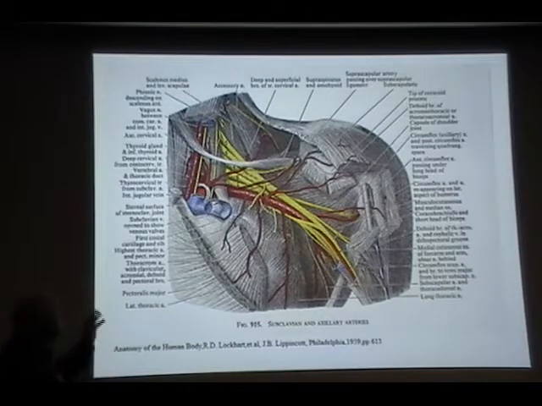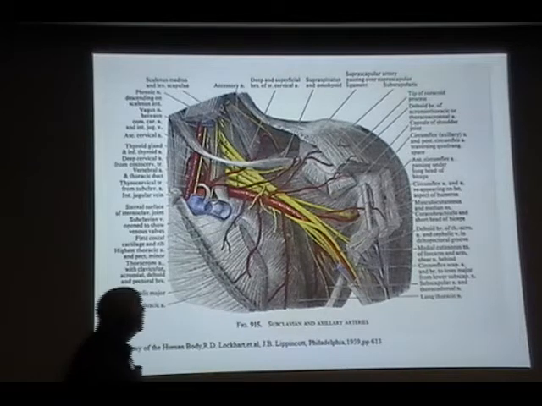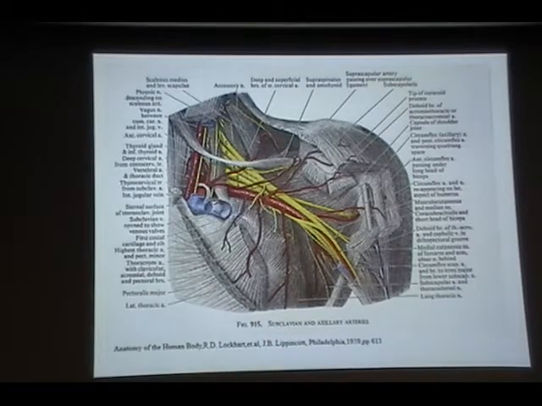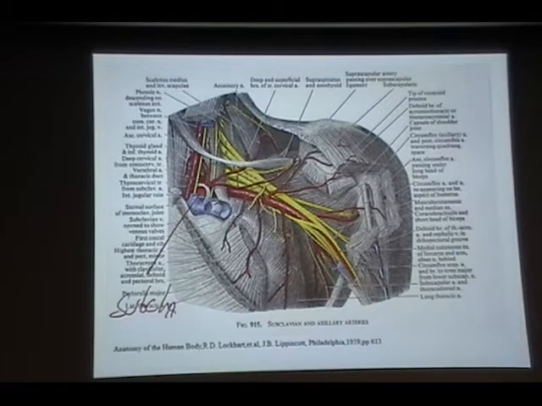All right, so where are all of these branches coming off? Okay, so this is the subclavian. What's this vessel? Common carotid.